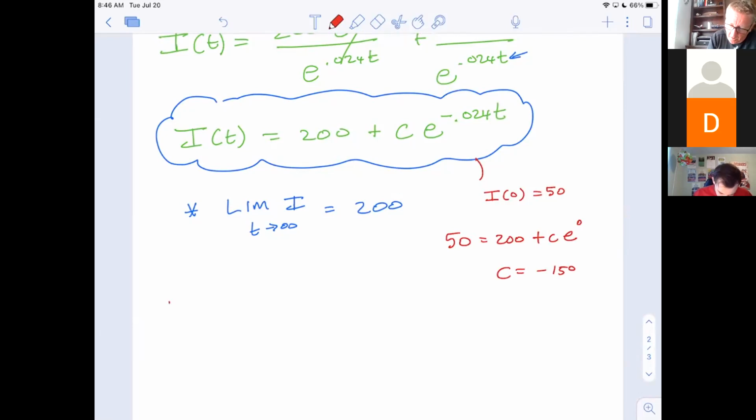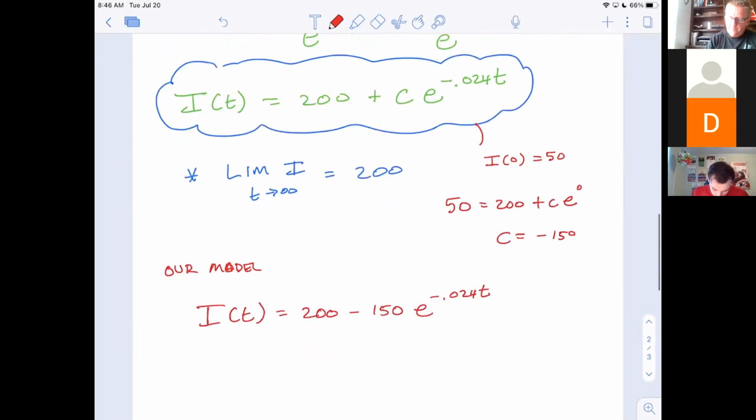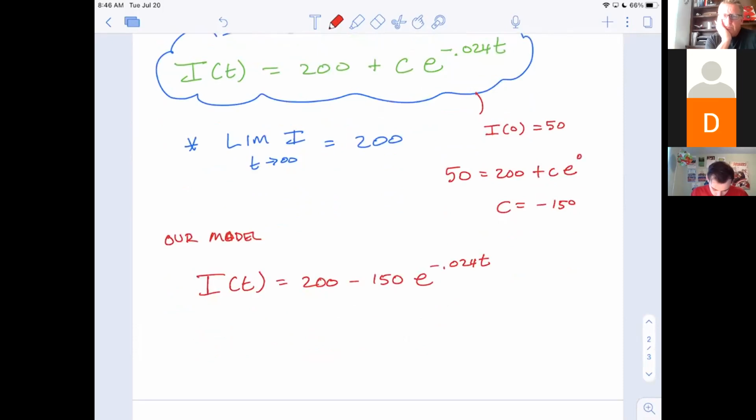So that means our model, not all models, but our particular model, is slightly different. And now we can answer the question we want to know. As I like to say, we own the relationship now.